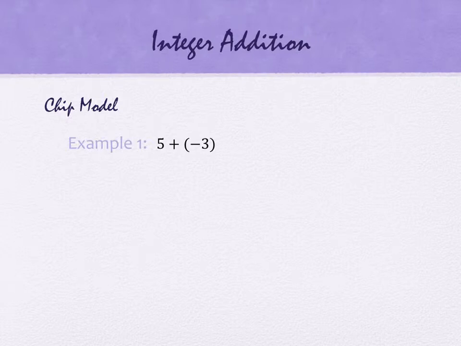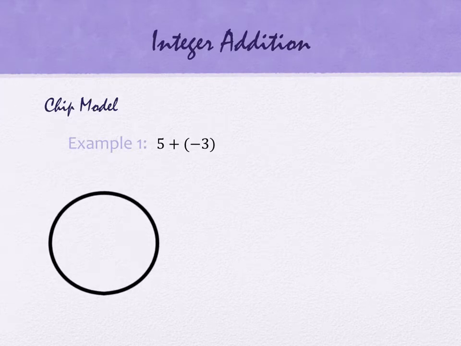All right, what the chip model does is we're going to put everything inside of this circle, and our values that are positive are going to have one color, and our values that are negative are going to have another color. So you can pick which color it is you use. You just need to make sure that whatever you're picking, you're kind of going to tell me what it is. So for instance, if I decide that I want to use red for my negatives, I'm really not sure why it looks so funny.